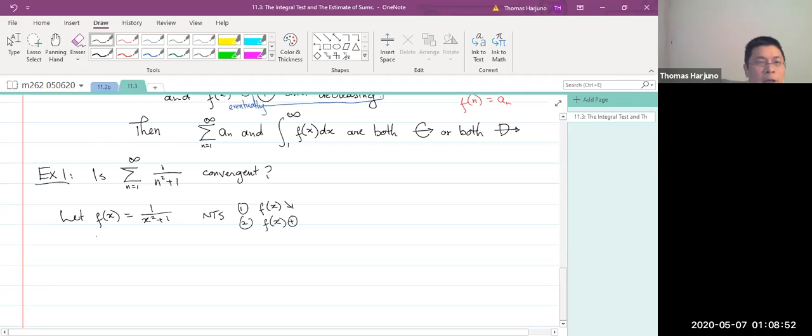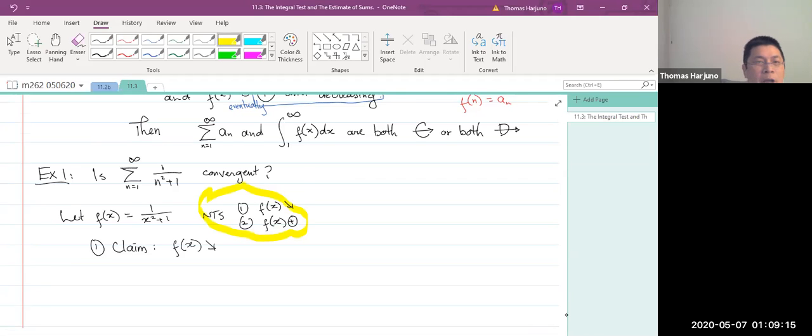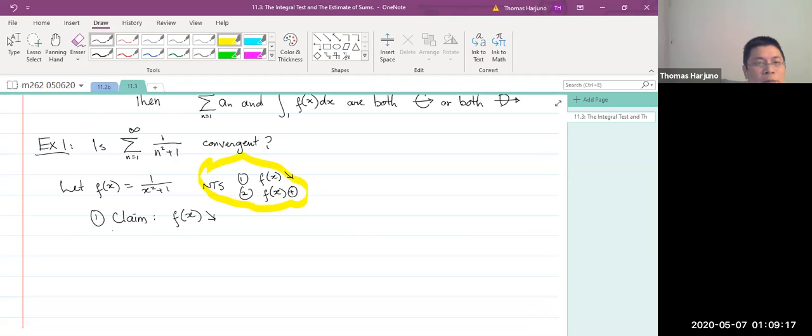So I will claim first, f(x) is decreasing. This is kind of like our cheat sheet here, what I need to show. Now, how do you show that a function is decreasing?